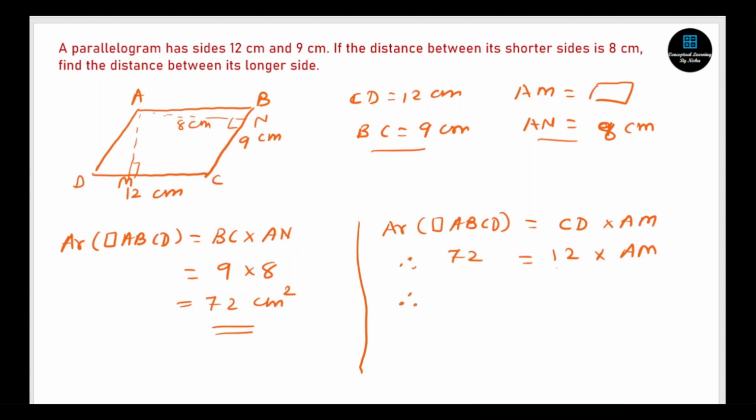You already learned that in linear equations, right? So AM is 72 divided by 12, and I get AM as 6 centimeter. So the final answer is: the distance between the longer sides is 6 centimeter. Perfect? Alright.